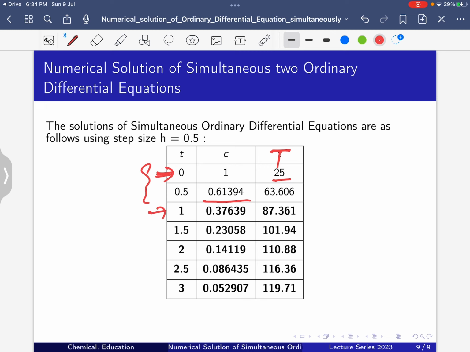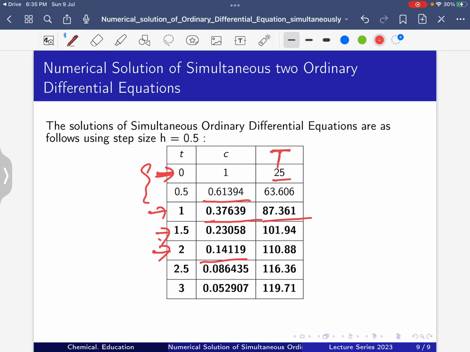At 1, in a similar way, we'll get 0.37639 and T will be 87.361. At 1.5, 0.23058, 101.94. At t equal to 2 we'll get C equal to 0.14191, 110.88. For t equal to 2.5 we'll get 0.086435 and T will be 116.36.